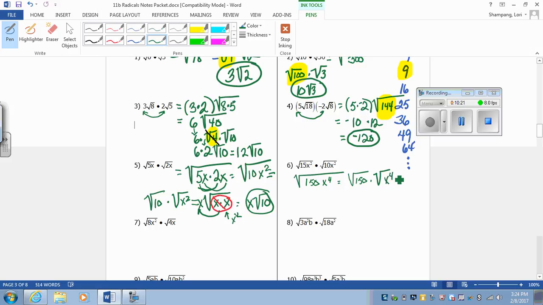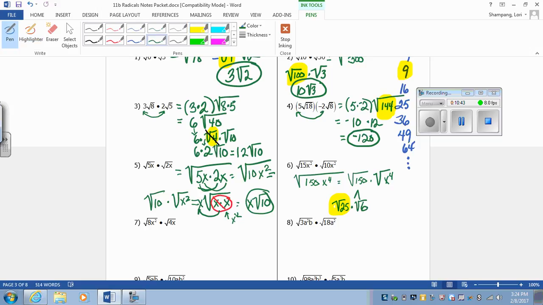Now, what is a factor of 150 that's also a perfect square? Well, I know that 25 times 6 equals 150. 25 is a perfect square. So I am happy with this choice because I know I can simplify that to an integer.